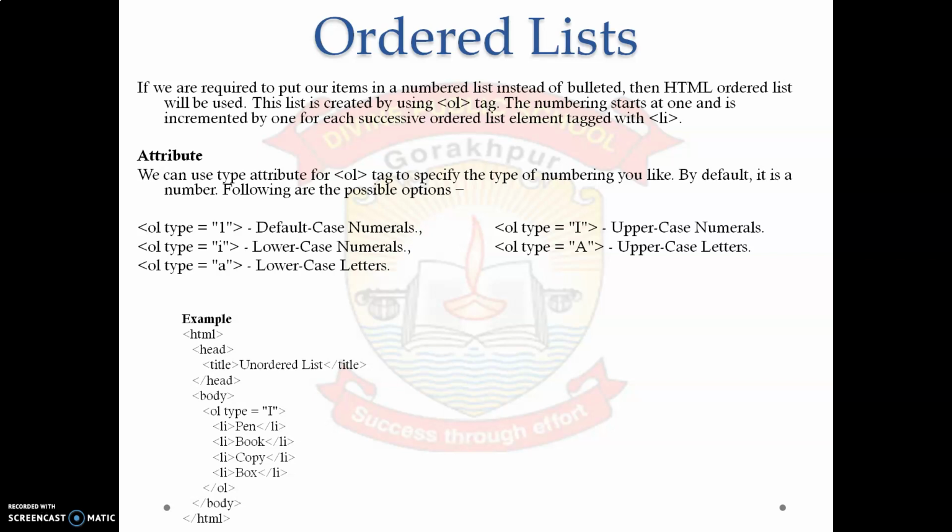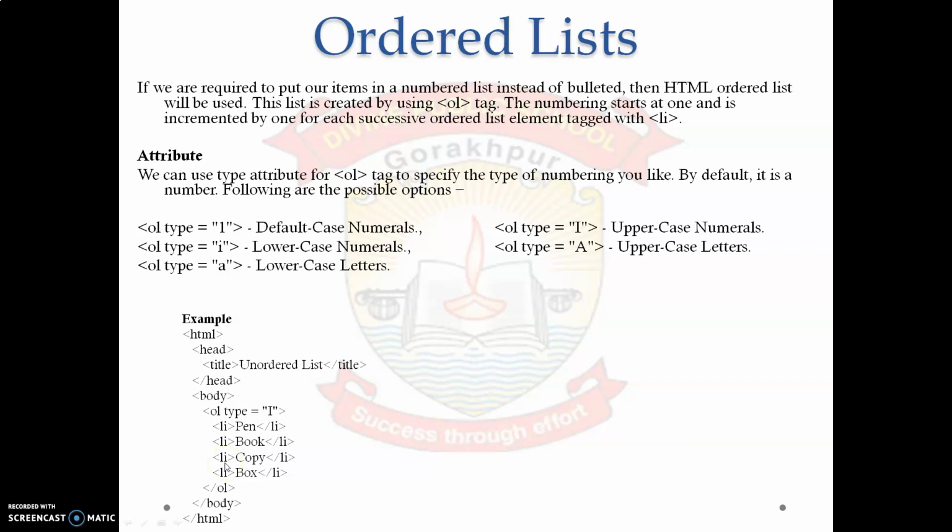Here again we have an example with uppercase Roman numbers. Here under the body tag we have specified the ol tag, which means ordered list, type equal to Roman I.